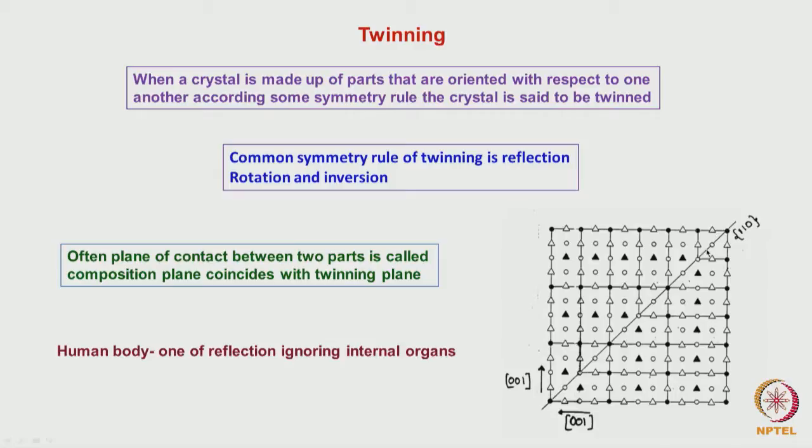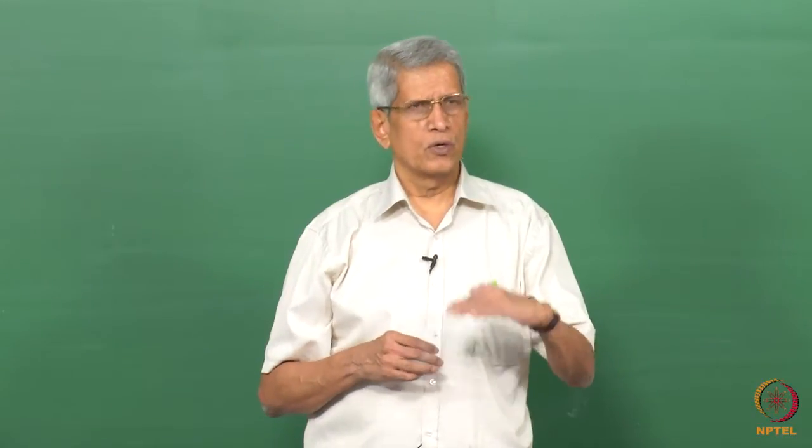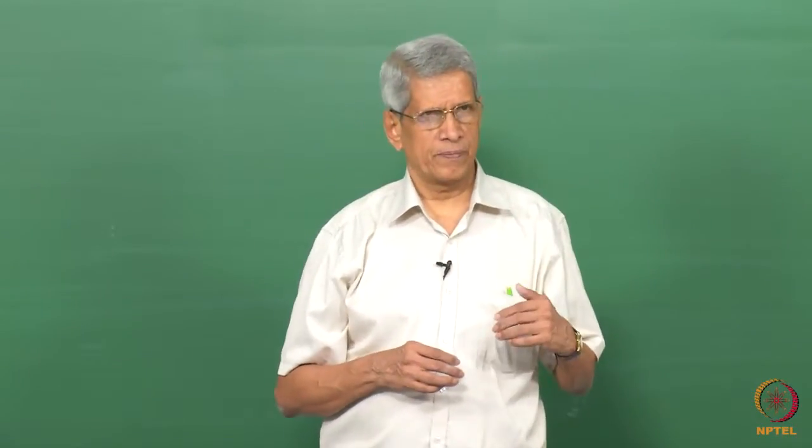If we look across this plane, both of them are twin related. This sort of process can occur during nucleation. Example, we can take it. Suppose a material at a high temperature is FCC. From FCC, it undergoes a transformation at low temperature to a tetragonal structure.